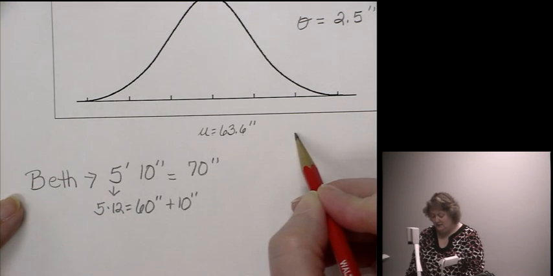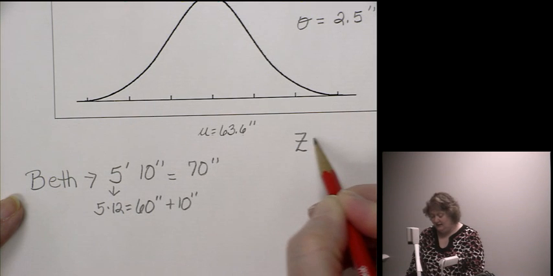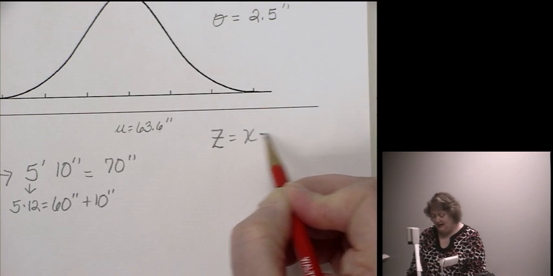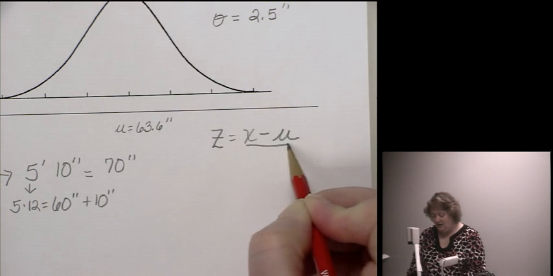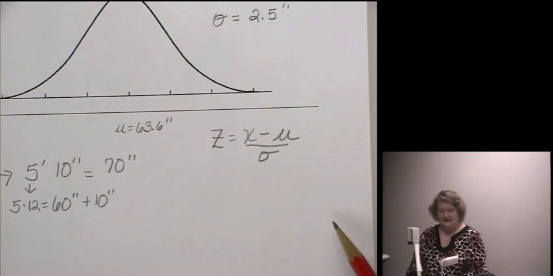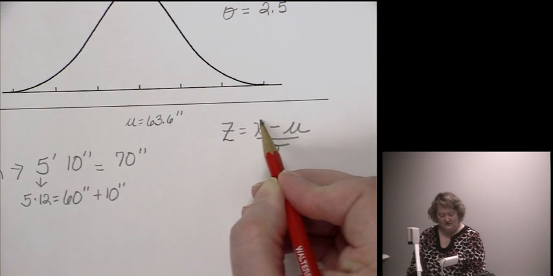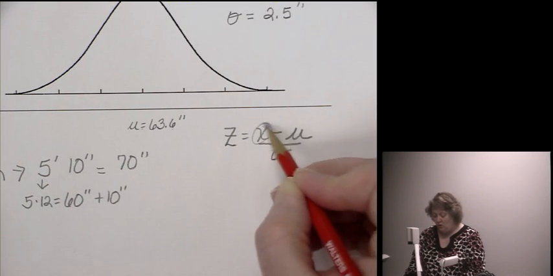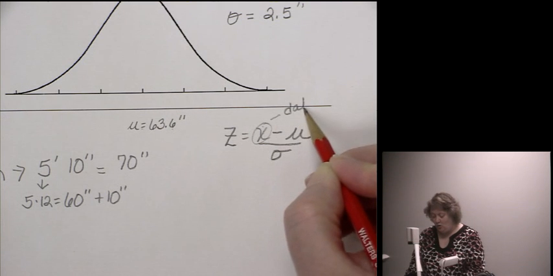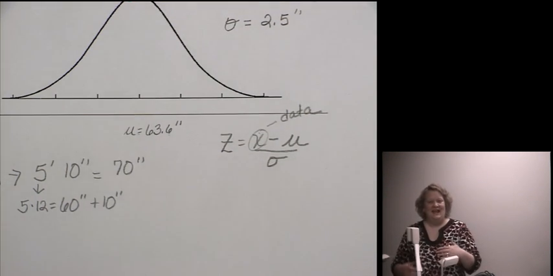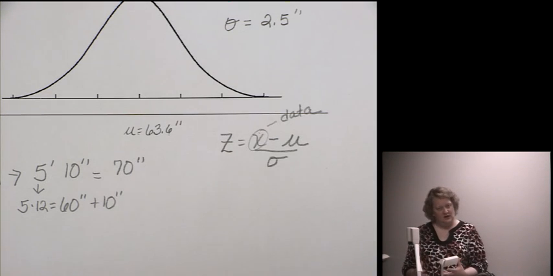Remember that our formula is z equals x minus the mean over the standard deviation. So x is always the score or the data, the particular one that we're talking about. In this case, that's Beth's height, my height.